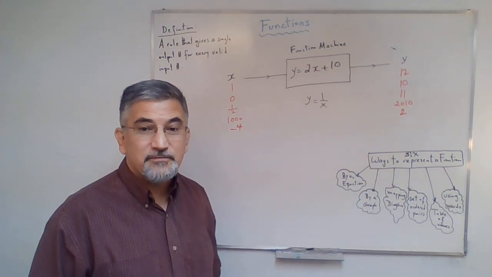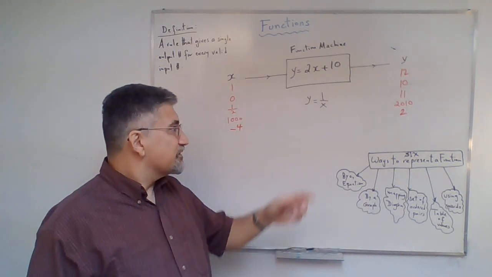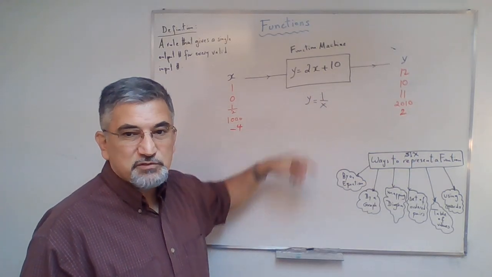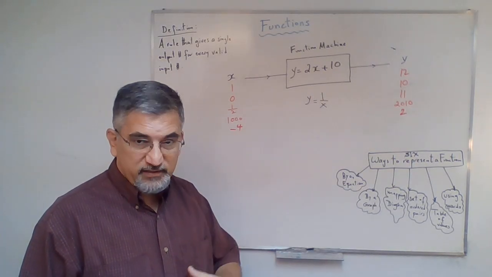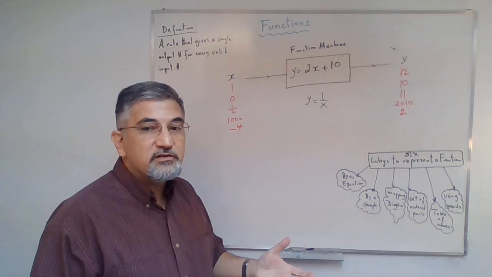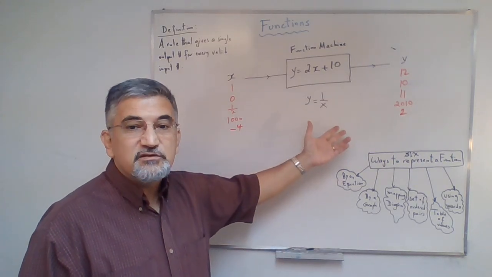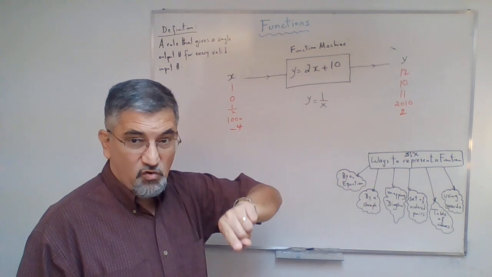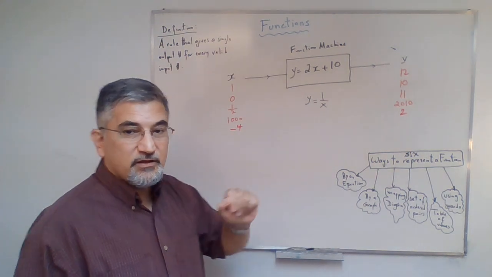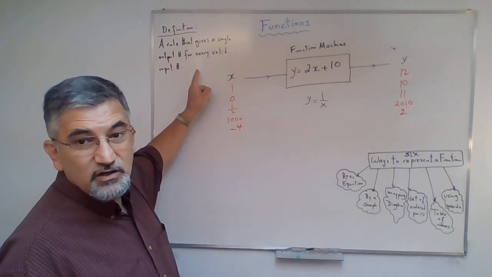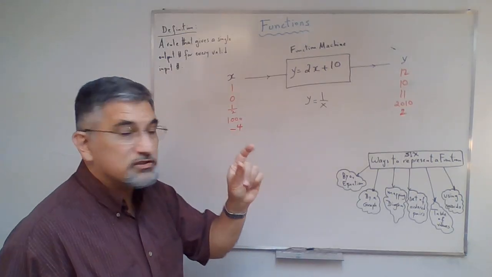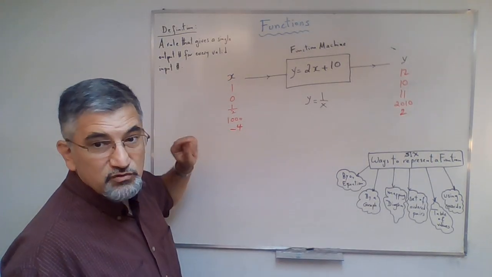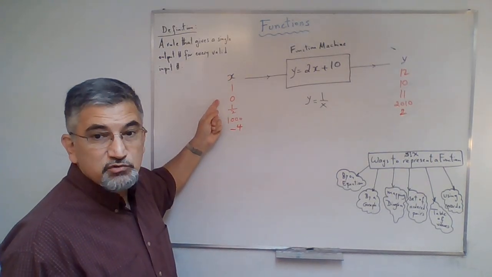Look at your calculator. So this tells you that in mathematics, we can't divide numbers by 0. It is actually undefined. So if it is undefined, then you can't find any value for the output number. So that makes the input number of 0 invalid. So that's the meaning of this word in this definition when it says for every valid input number, because sometimes some of these input numbers are not valid.